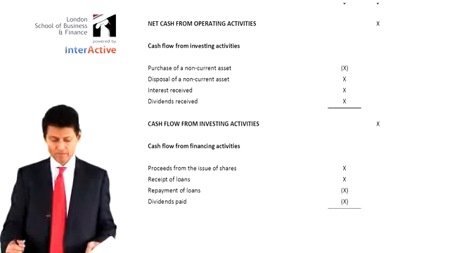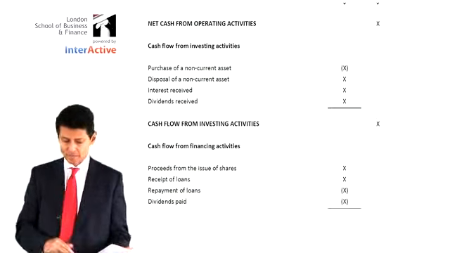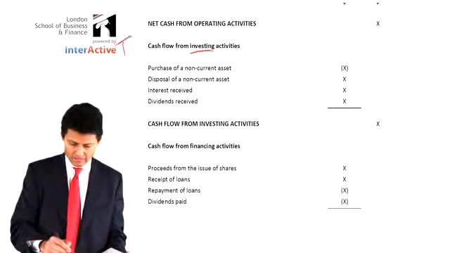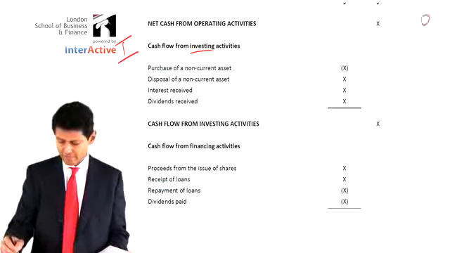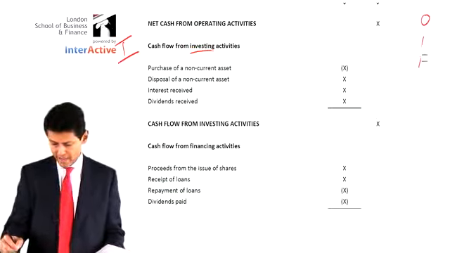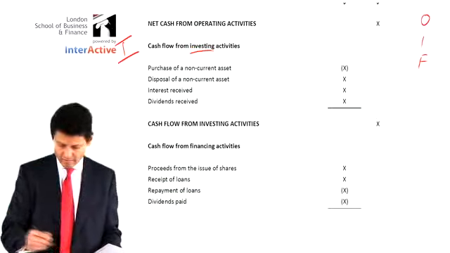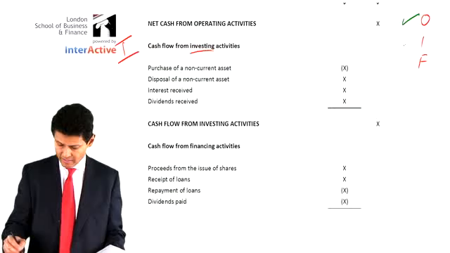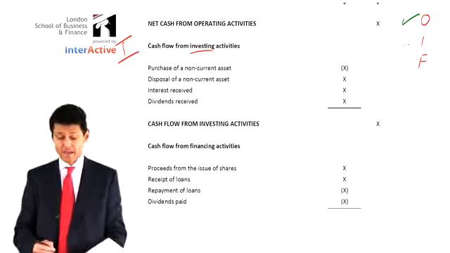So bring forward anything from the previous page. It's believed to be more professional. So we come to investing next. The I of OIF. The operating has been done. We're now doing the investing, and in a couple of minutes we'll do the financing.